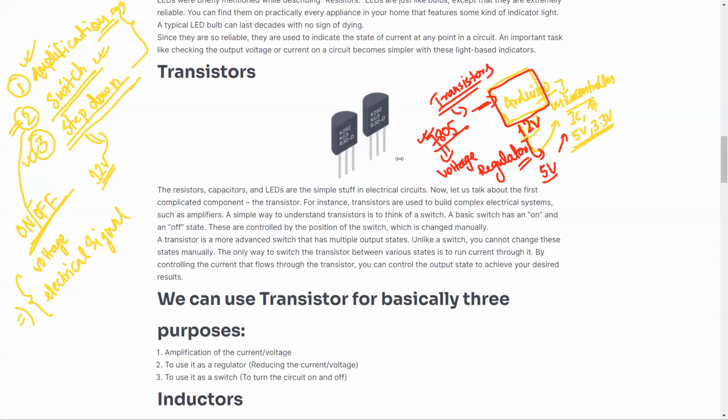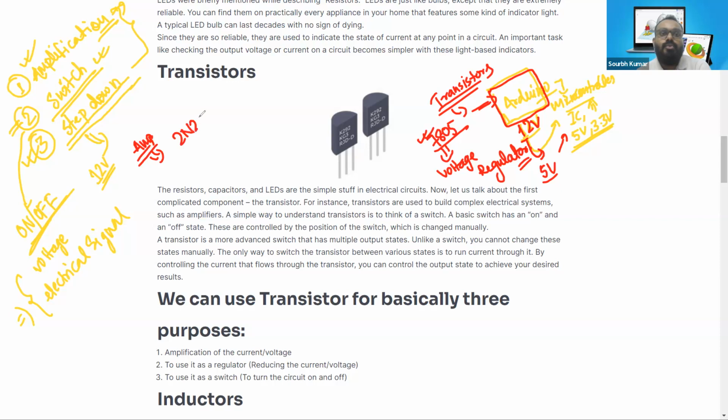Okay. So using this 7805, let me also give you an example of amplification to help you understand the concept. We can utilize the 2N2222 or BC547, 548. These are NPN type transistors and can be used to further amplify signals.